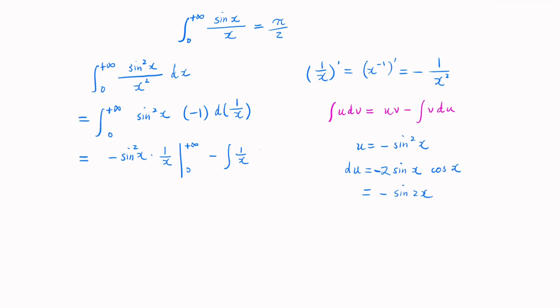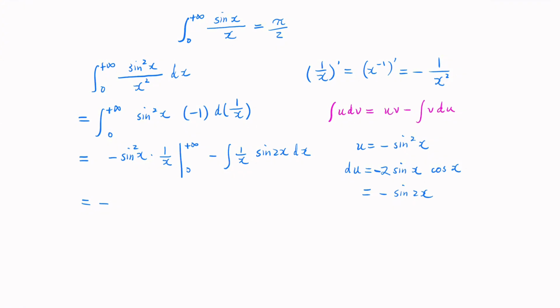That is sine 2x dx. Now, for the first part, we need to argue that it actually vanishes. This is bounded, and this goes to 0. Sine x over x is close to 1, but sine x would be 0. So the first term vanishes.